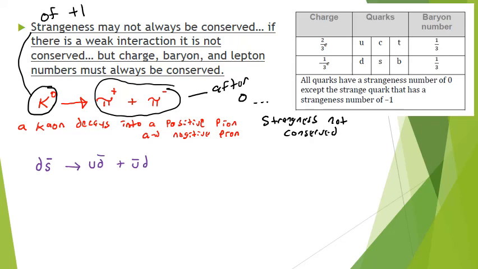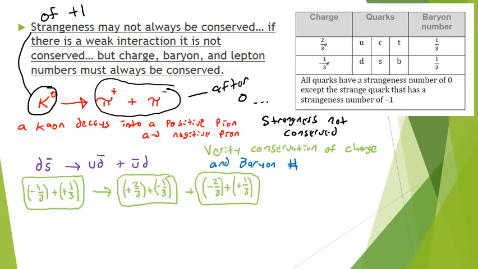All right, so the strangeness: the kaon has a strangeness of +1, and afterwards the strangeness is 0, so the strangeness is not conserved. Therefore, we know that there's a weak interaction that takes place. But again, we can verify the conservation of charge and baryon number here.